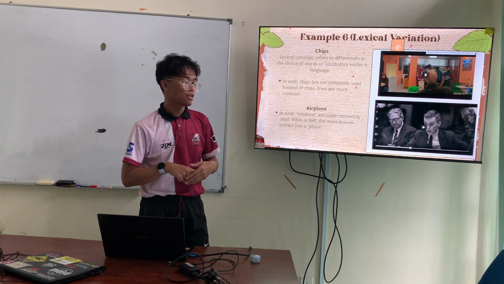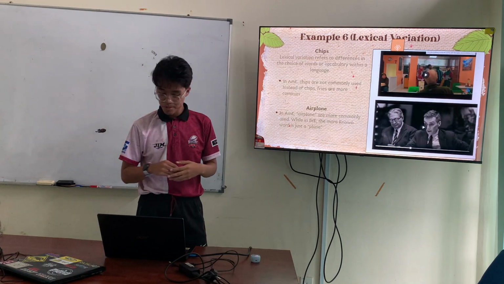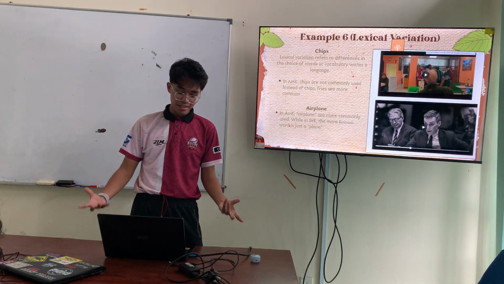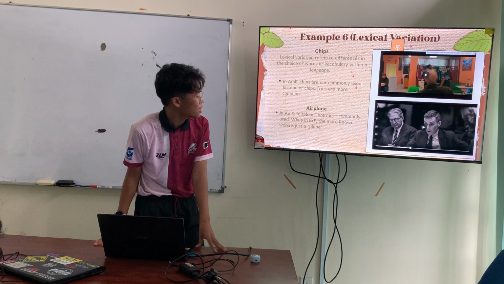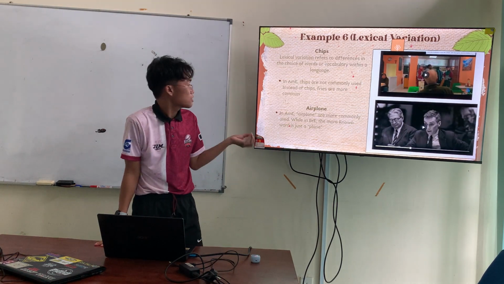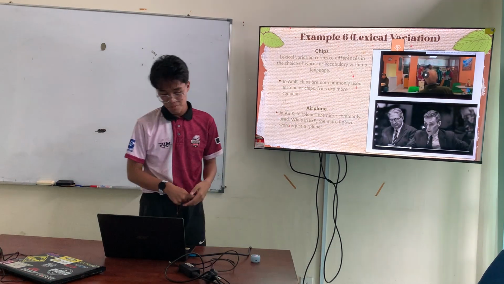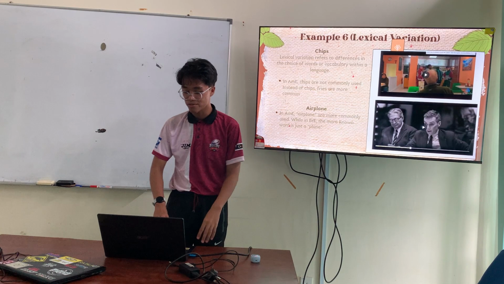So let's say for example the word chips. The British refer to fries as chips, while we Malaysians more commonly call it fries instead of chips. That is the first example of lexical variation.